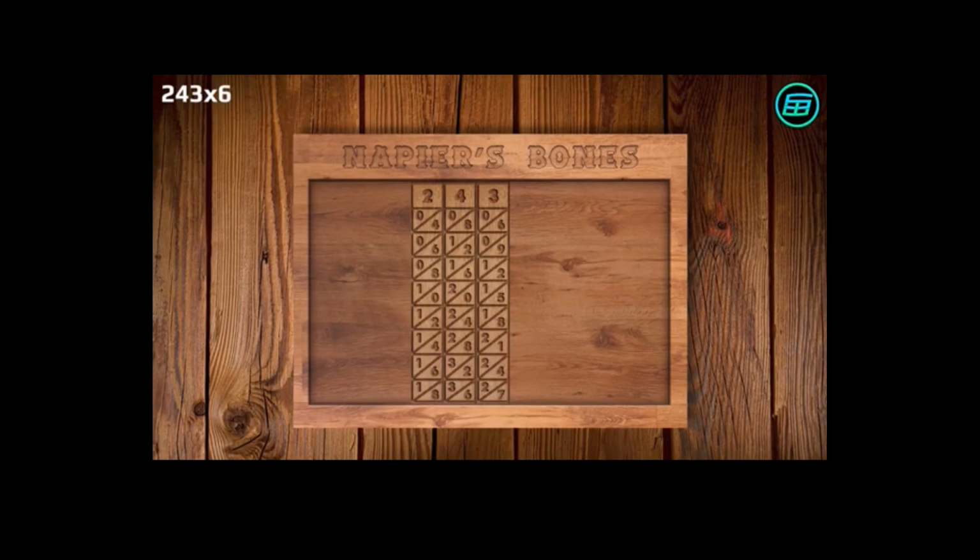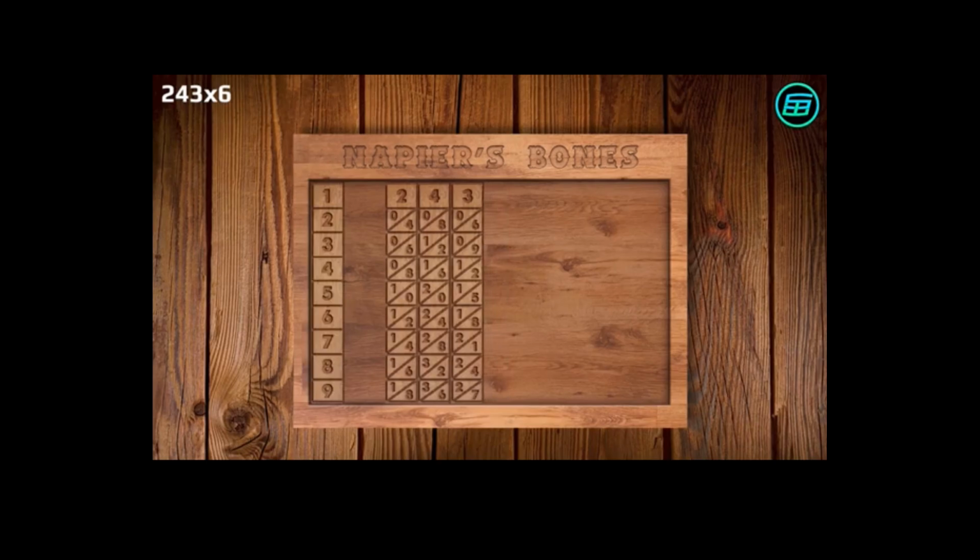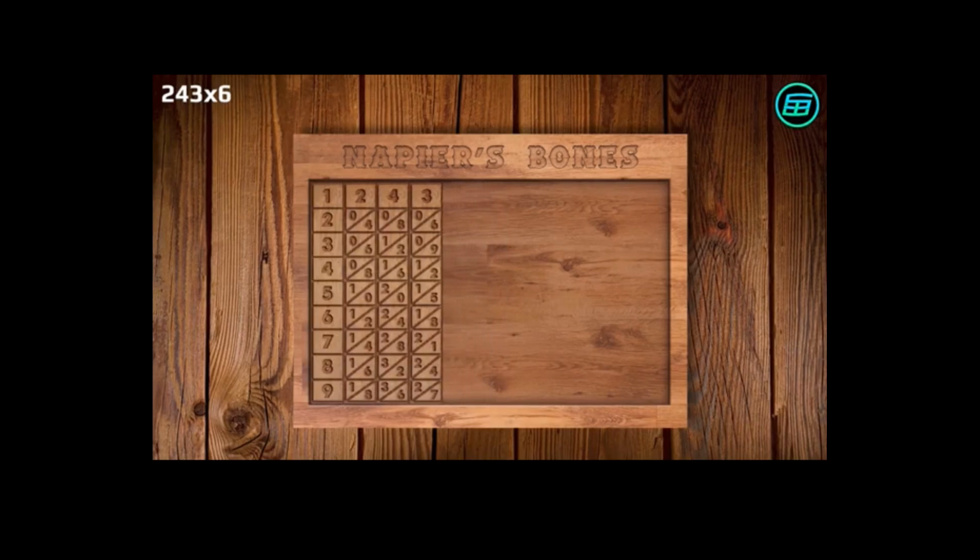Then we put another bar called the index rod, marked with the numbers 1 to 9, to the left of the rods showing 243. To do our calculation, we focus on the intersection of the number 6 on the index rod and the number 243 shown by the other rods. When we add the numbers in the boxes separated by lines in the intersection from top to bottom, the result comes out.